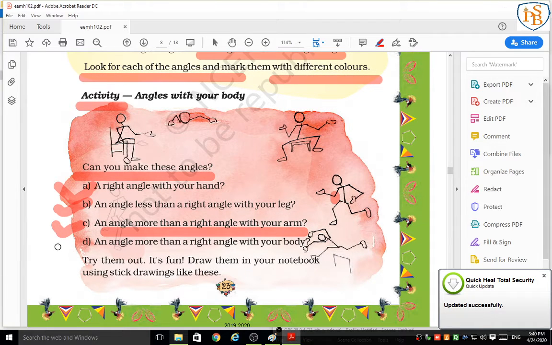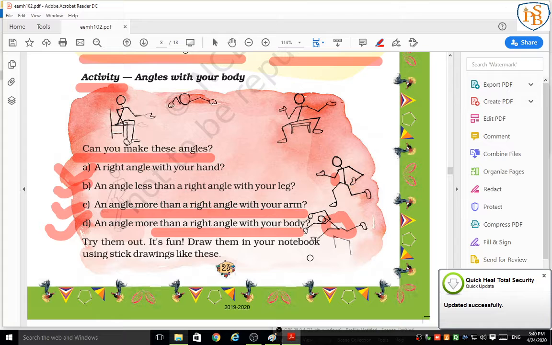Okay, students? And then an angle more than a right angle with your body. Here you have to use your body, and make one angle which is more than a right angle. Okay, so try to do this activity at your home. Try them out, it's fun. And after that, draw them in your notebook using a stick drawing like this.